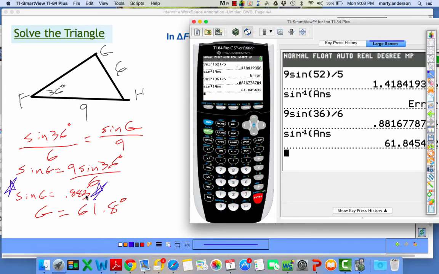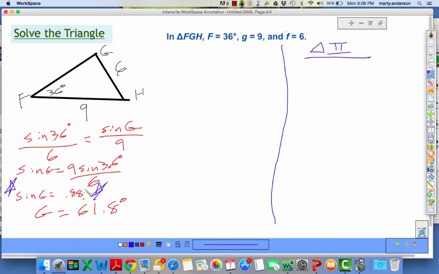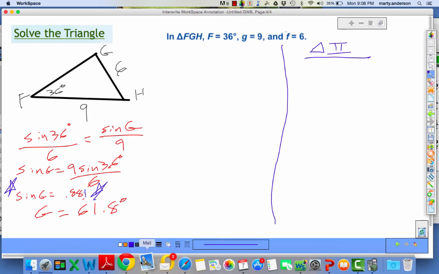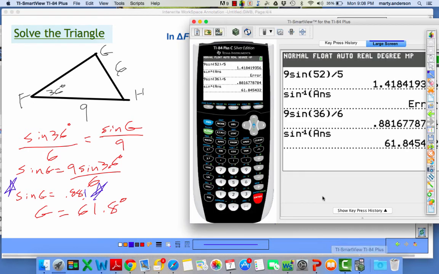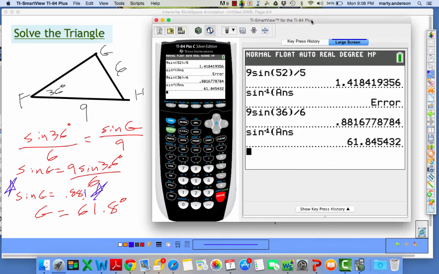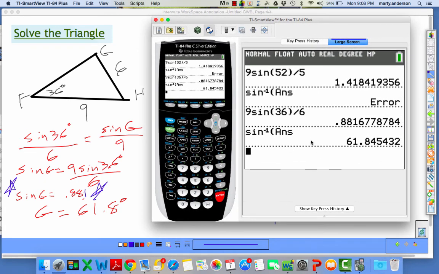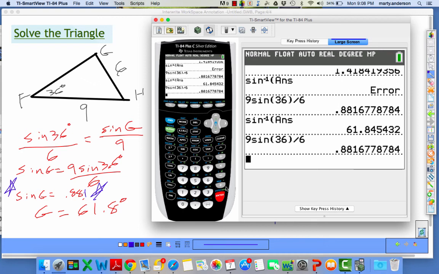These things are still in play, but I've got this 0.881 it was, in fact. So we go back up into that, where I have this guy. And I do that second and that inverse sine of the answer.